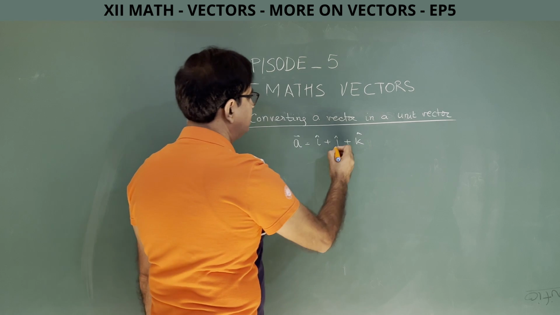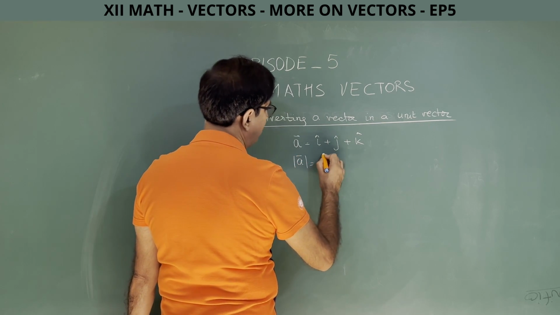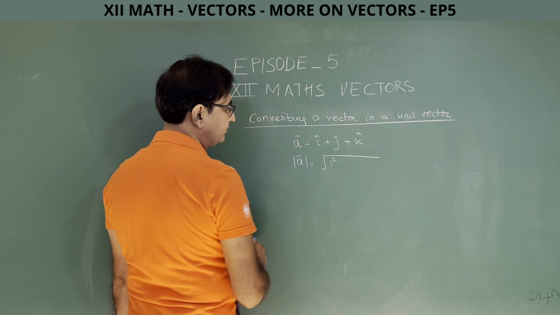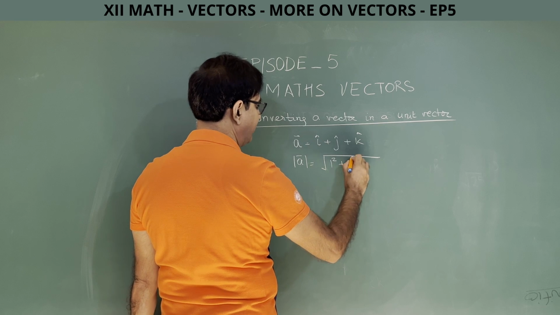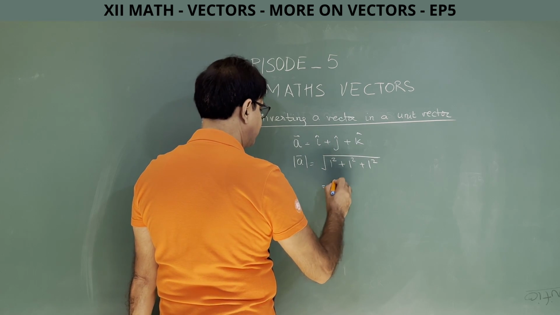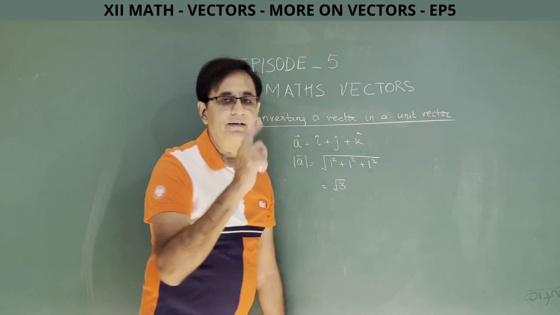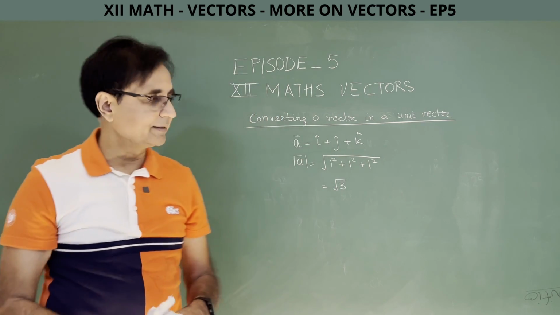This vector has a magnitude. You know what the magnitude of this vector is: the square root of the sum of the squares of the coefficients of i's, j's and k's, which I have taken as 1. So, what is the magnitude of this vector? Root 3. What is the direction of this vector? That topic still awaits. We will come to that topic in the next episode.